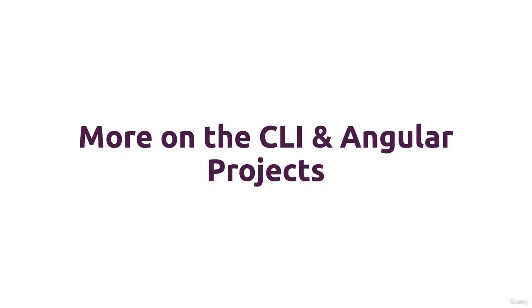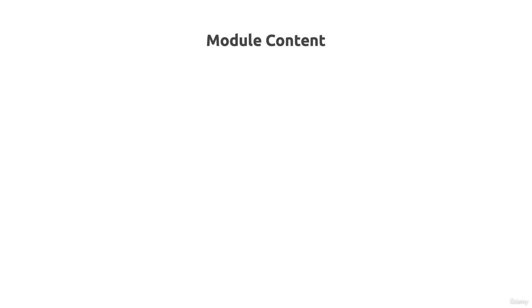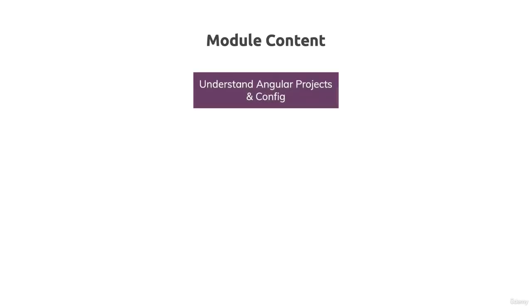But with the CLI and the project which is configured, and a lot of useful tools around the CLI and around your projects, you actually also can have a very easy and great time building, publishing, deploying, and managing your Angular projects. And that's exactly what we'll have a closer look at in this module. In detail, we'll have a look at Angular projects and the different configuration files again, so that we understand what we really can do there and what their role is.